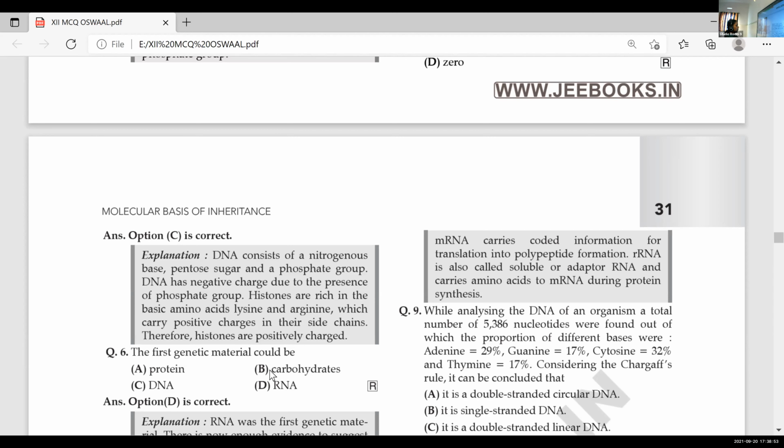While analyzing the DNA of an organism, a total of 5,386 nucleotides were found, out of which the proportion of different bases were adenine 29%, guanine 17, cytosine 32, thymine 17. So considering Chargaff's rule, it can be concluded that, which is the correct option?